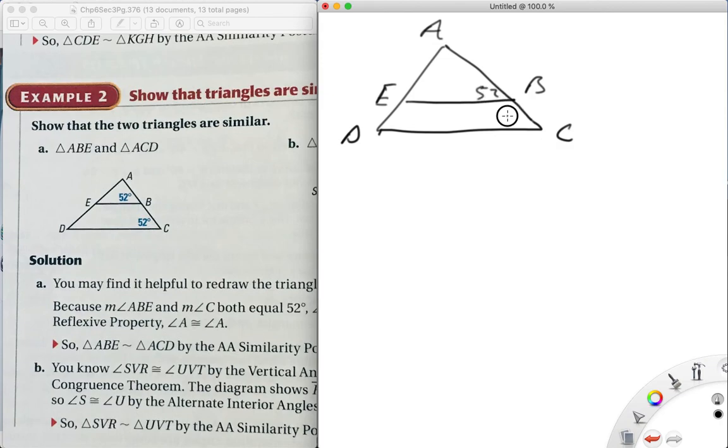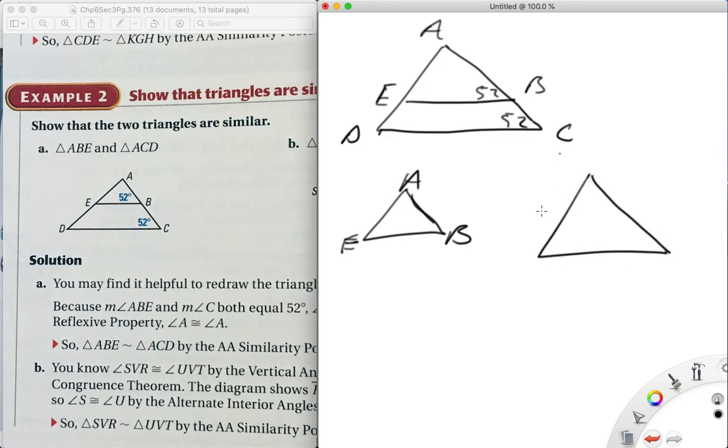We have this as 52. So we have the smaller triangle, EAB. We have the bigger triangle, DAC.